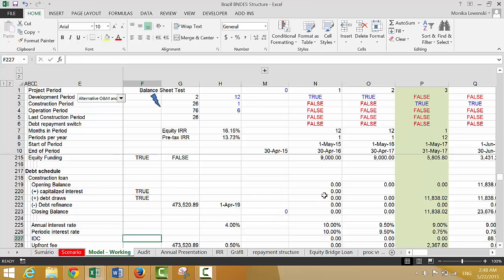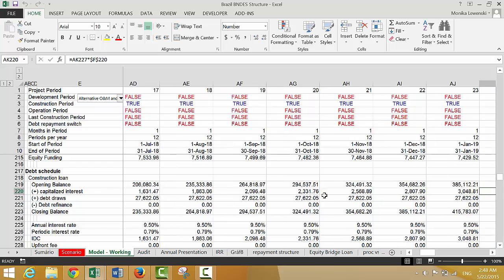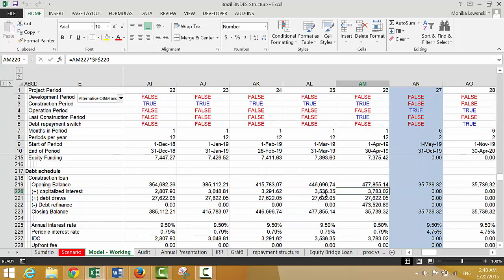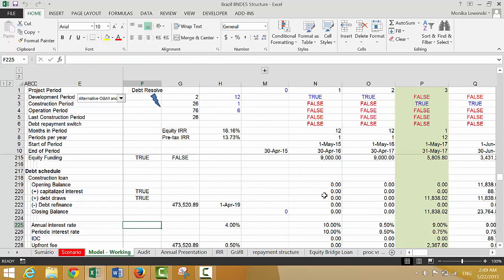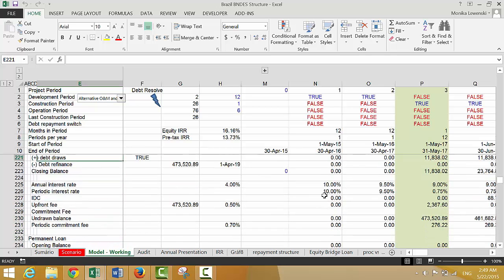Whoops, what happened? Okay, I'm going to save this, and then the debt goes up. Now here's the problem, we didn't pay off the correct amount of debt. We're going to have to do some thinking about this one.